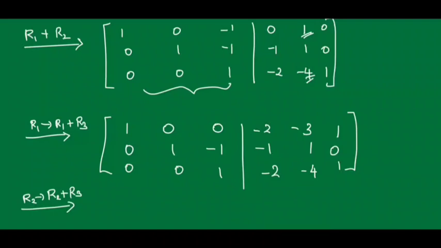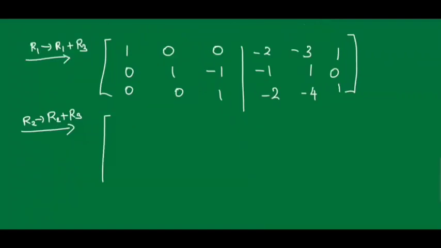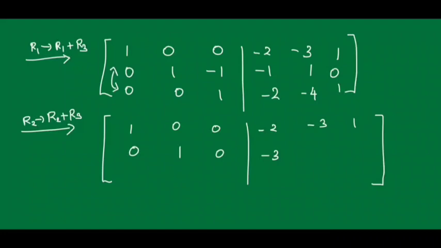So the matrix so formed will be 1, 0, 0, minus 2, minus 3, 1. Now adding R2 and R3, 0, 1, 0, minus 1, minus 2 gives us minus 3, 1 minus 4 gives us minus 3, and the next element is 1. The last row remains the same.